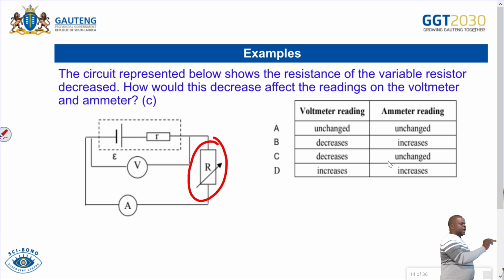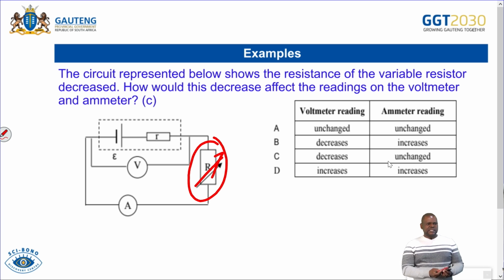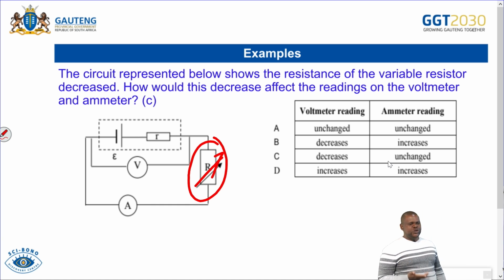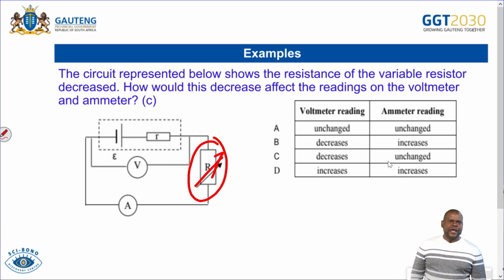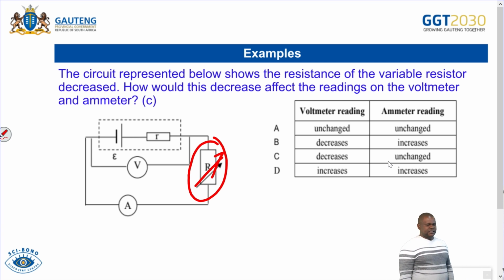Once you see a resistor with this line, you must know that this resistor is variable. How variable? You can change the resistance of the resistor to the way you want it, grade 11s. Then we ask, how will this decrease affect the reading on the ammeter and the voltmeter?